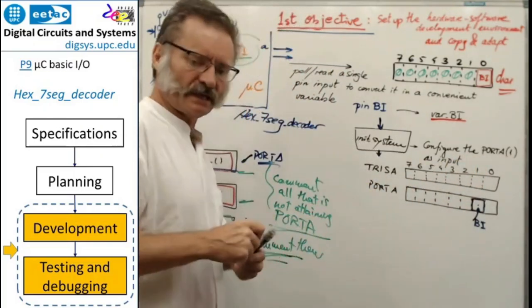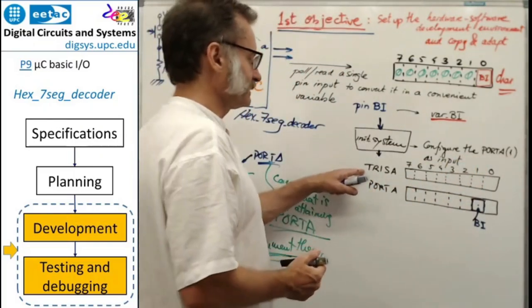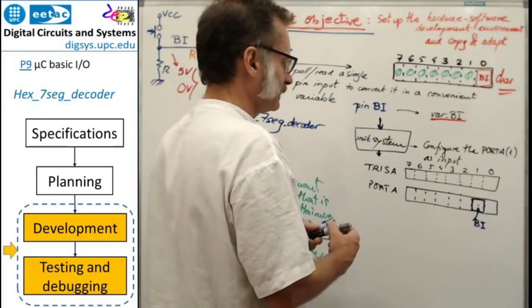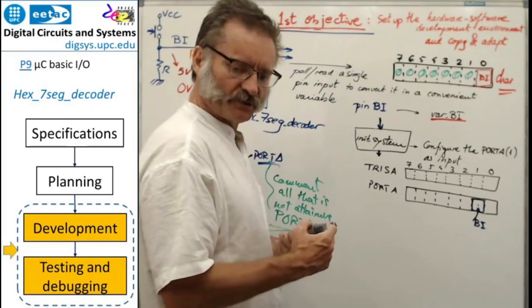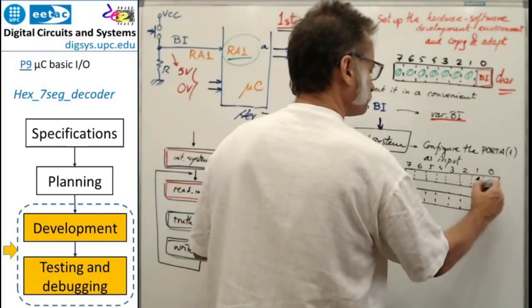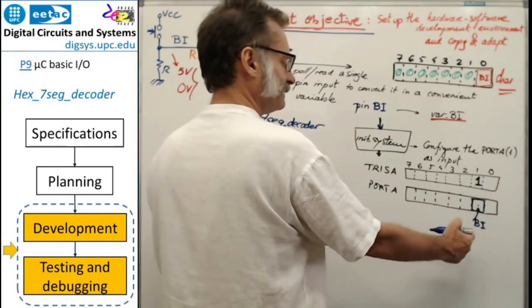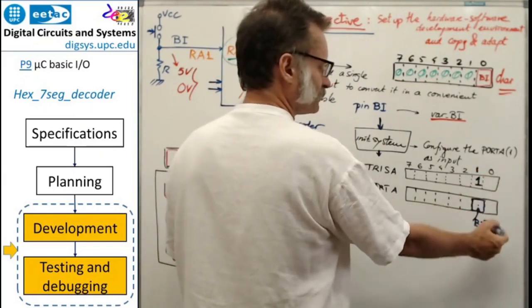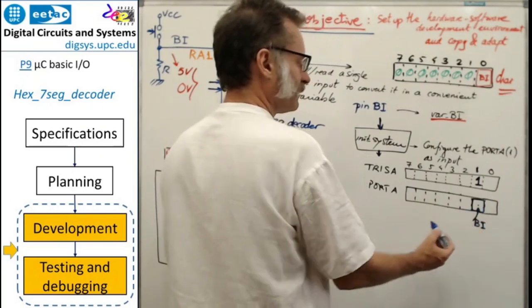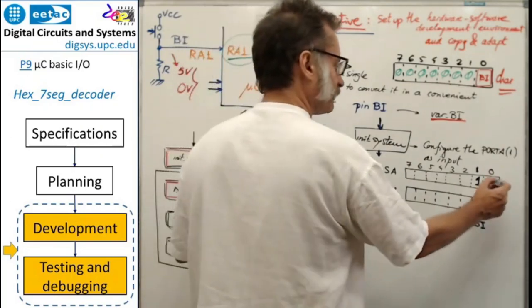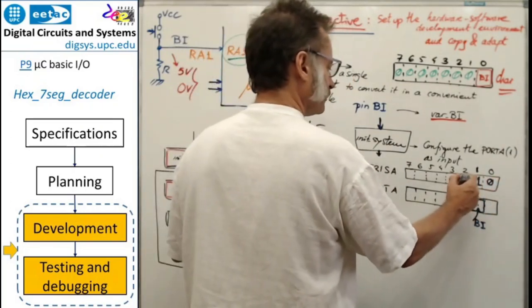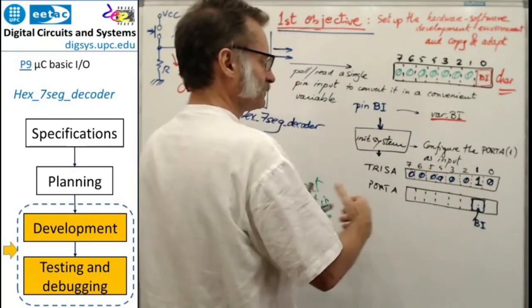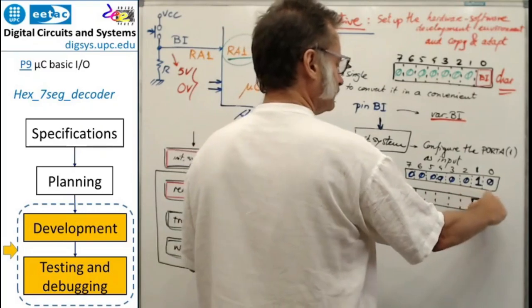So to do that, now you know that there is a shadow register here, which is called trace A, and here is where you are going to write a 1, so that this port A pin bit 1 is going to be declared as an input, and by default the others that are not in use are going to be converted into output by definition. So that is going to be the idea now.